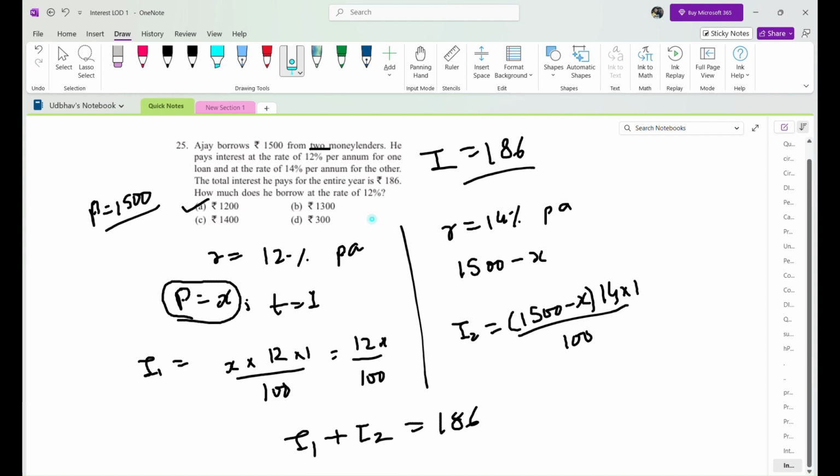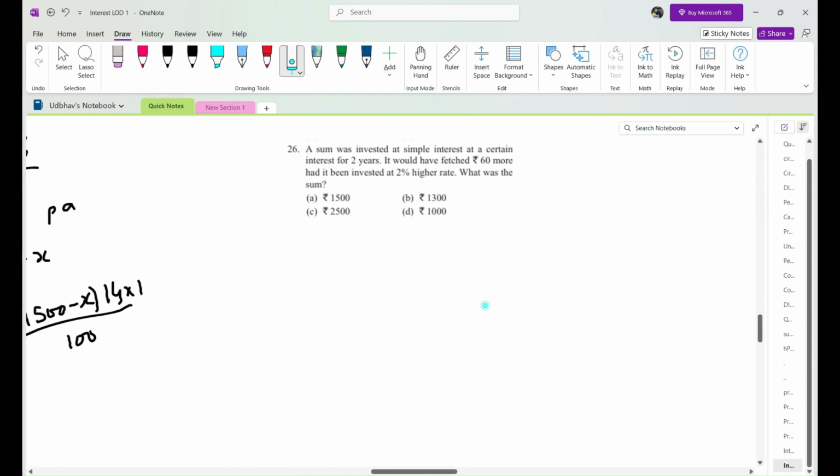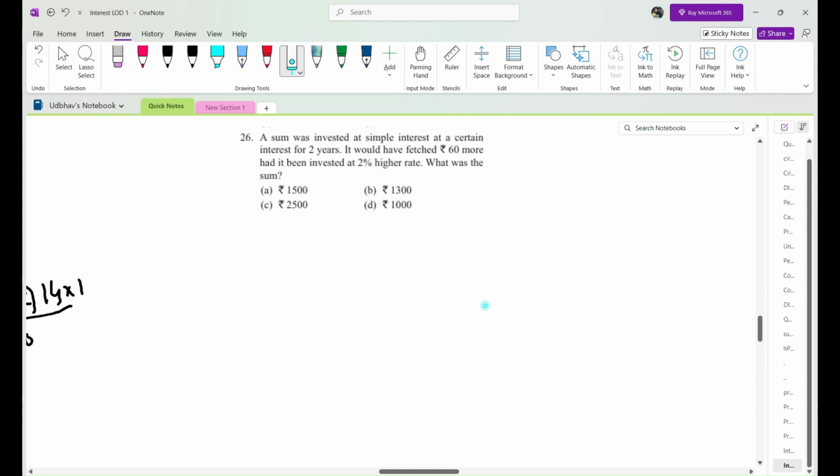Just in a hurry they'll mark that answer, and they'll get the wrong answer because 300 is also in the options. So just be careful, because even after solving, if we get a wrong answer due to silly mistakes, it's not a good thing. You will lose good marks for that.